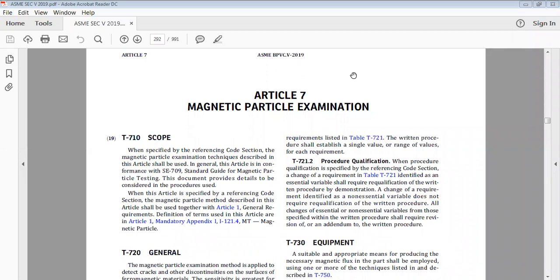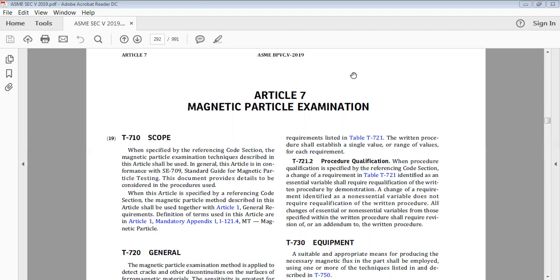Then we saw what is part of the remaining. I think we covered all the small topics in this lab. So now we'll see how to do magnetic particle testing as per ASME Section 5, Article 7. ASME Section 5 gives different articles: Article 7 for magnetic particle testing, Article 6 for liquid penetrant testing, Article 2 for radiography testing, Articles 4 and 5 for ultrasonic testing.